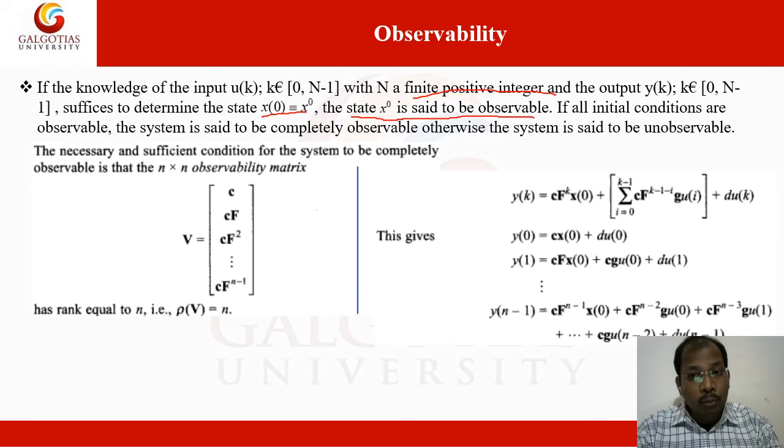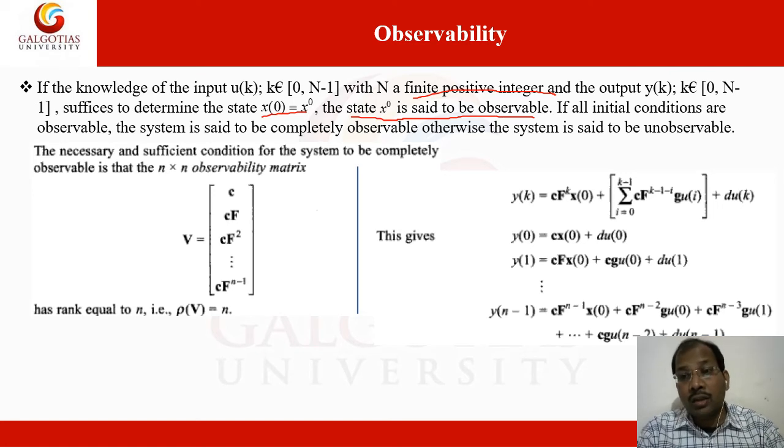Suppose we have the input for the finite interval and the output. From the input and output, we can determine the states of the system. Then we can say the system is observable. If all state variables are measurable, then we can say that the system is completely observable.